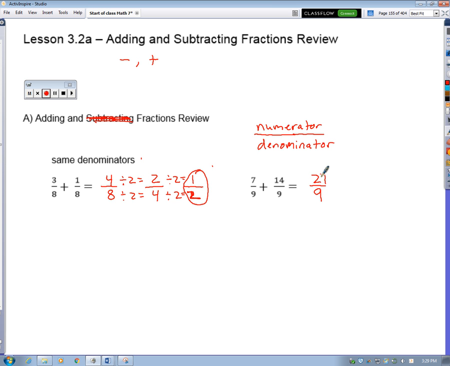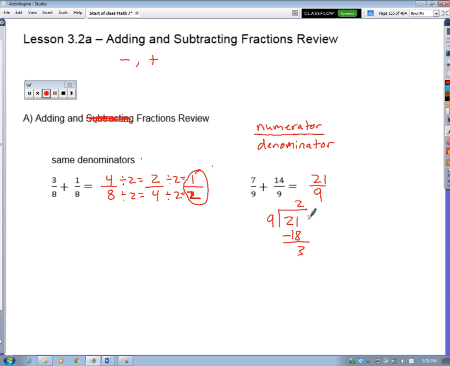So to do that, we're going to take our numerator 21 and divide it by the denominator 9, just like when we were turning fractions into decimals. 9 goes into 21 2 times. 9 times 2 is 18. Take that away. I have a remainder of 3. Now do not put any zeros here. We're not trying to turn this into a decimal. We want the remainder.